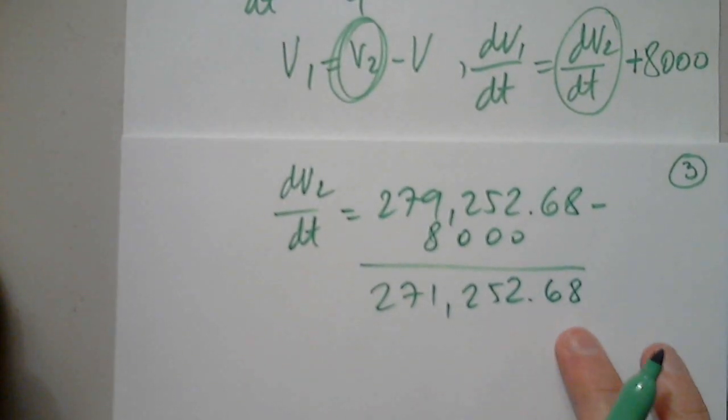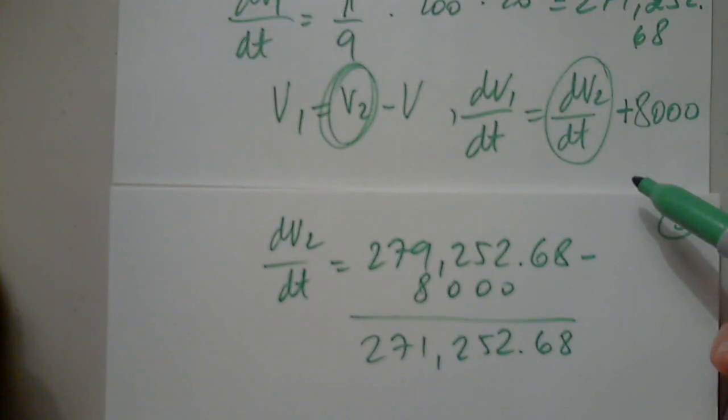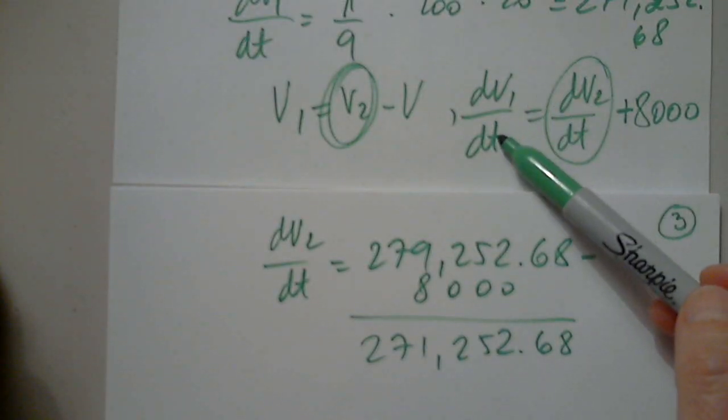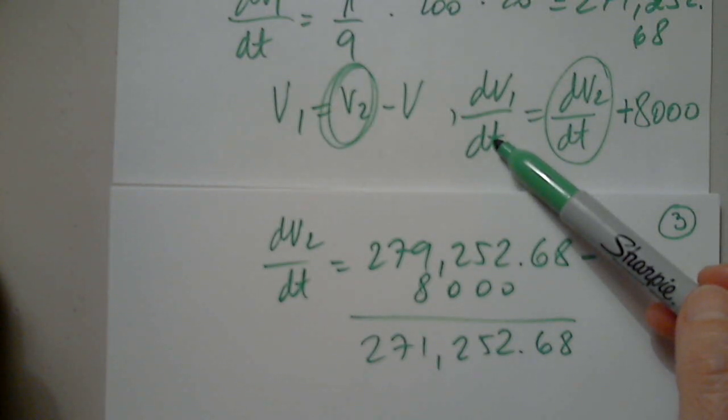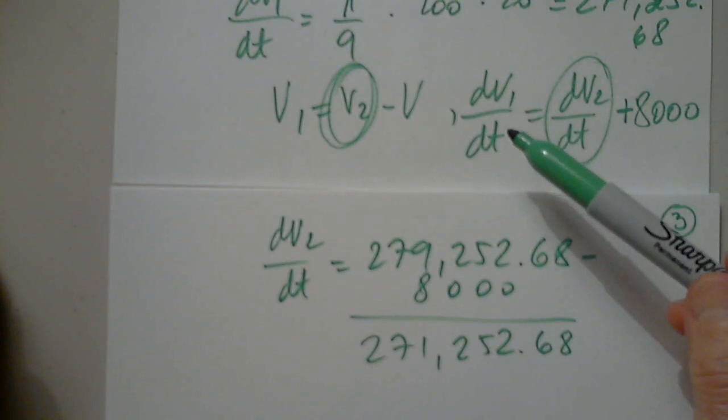Wouldn't it be plus 8,000? I have to subtract it from. Because in the very beginning, you had it as minus 8,000, like you had it when it was coming out. Yes, I have to subtract it from.